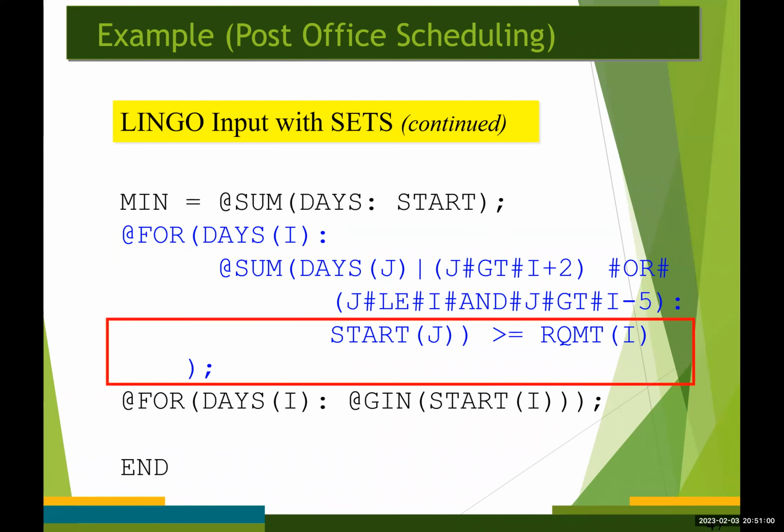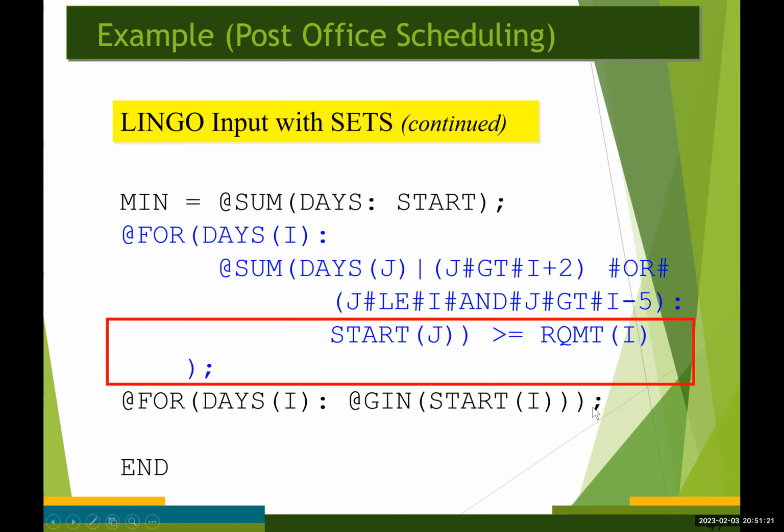And this part ensures that the total number of employees working on each day is at least as large as the total number needed for that day, which is the requirement, right, for each day.